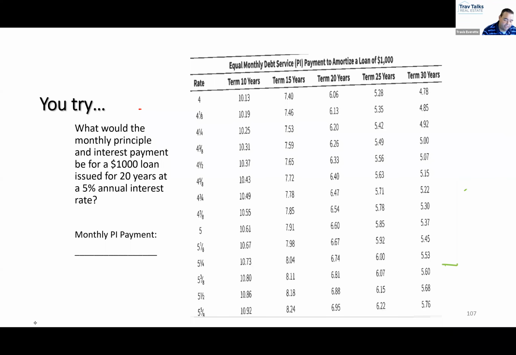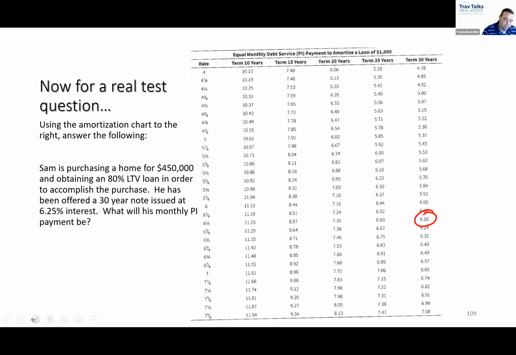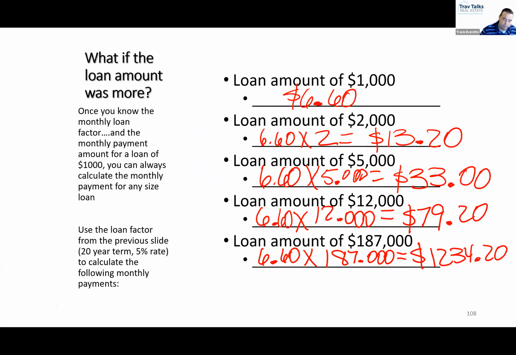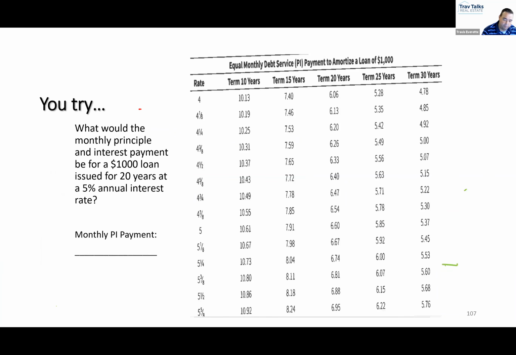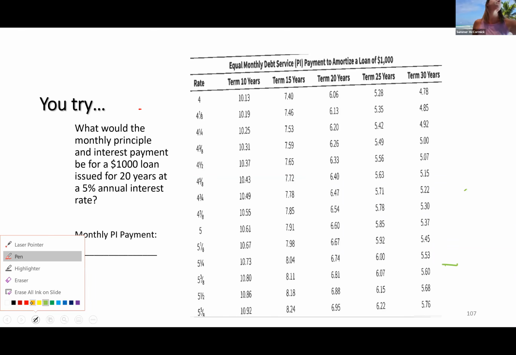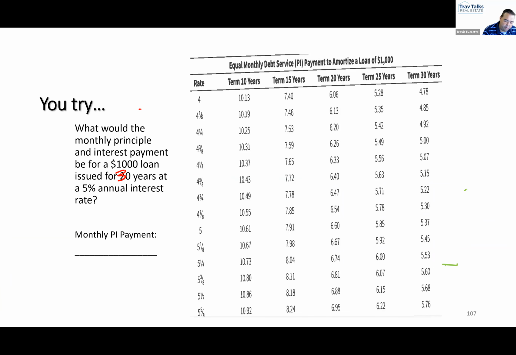Let's change our numbers up a little bit here. We'll go back. Let's say we're going to do a 30-year loan at 4% interest.